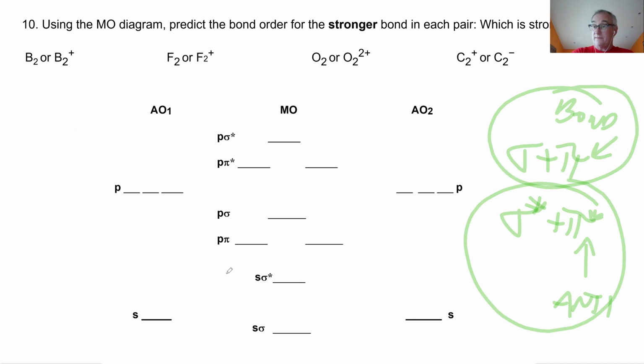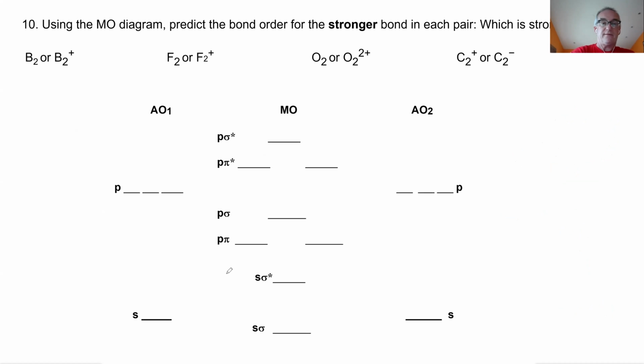So let's do the first one. Boron. What we have set up here is our atomic orbitals from atom 1 on the left side, and our atomic orbitals from atom 2 on the right side. We figure out where the electrons are in the atomic orbitals.